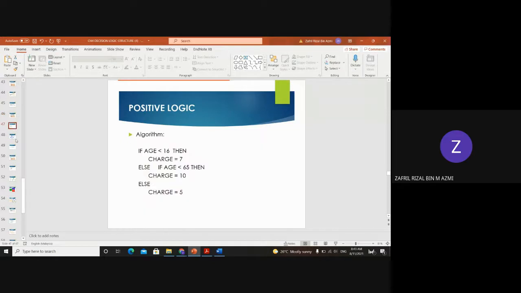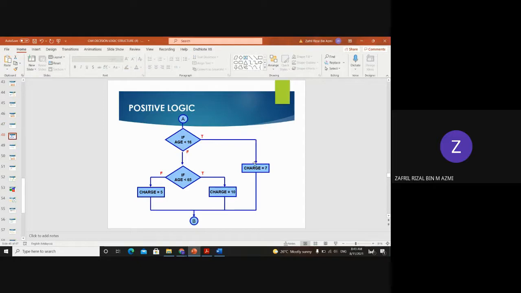Okay, this is what we already discussed last week. If it is true, then it will have its statement. Then when it is false, we have the statement for false. So this is the same thing that I drew earlier.